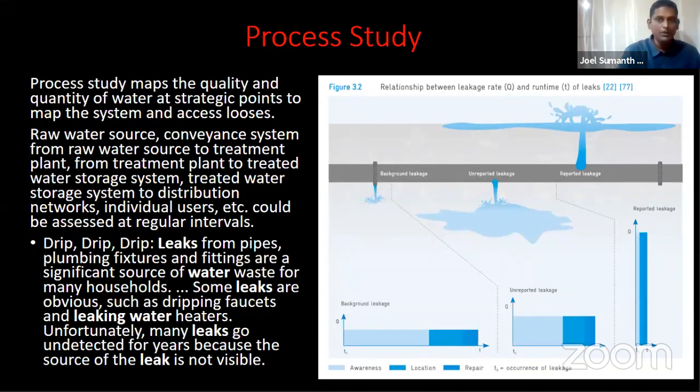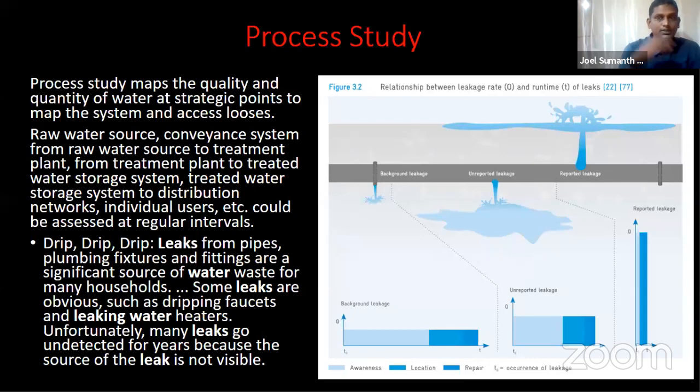So maybe you will be using direct groundwater for gardening, and in some institutions, they use the excess water, the waste water, for gardening. And in some places they reuse the wastewater again in their toilets for flushing.